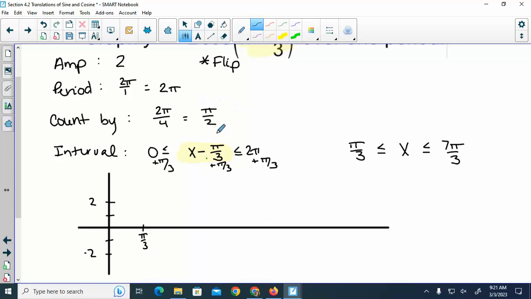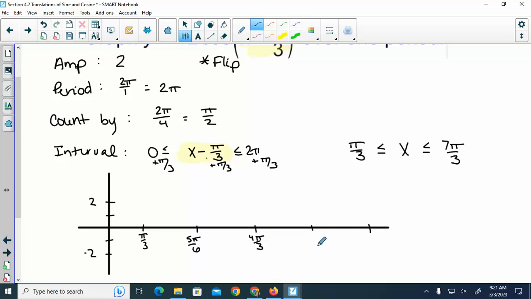And to get my next one, we have to add pi over 2. So if you're doing it on the calculator, you'll do 1/3 plus 1/2. You need a total of 5 points. So 5 pi over 6. Okay, plus 1/2 again, 4 pi over 3.